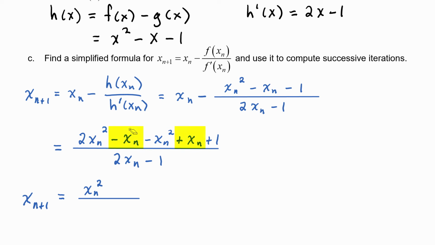This minus xn and plus xn will cancel out, and we just have left plus 1. And then of course we bring down the denominator of 2xn minus 1. And this will be the simplified formula that we use to compute our successive iterations of xn.